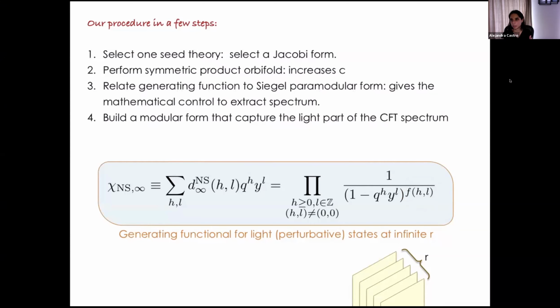We give explicit expressions of what these are in the papers, but this is where the seed enters. But the thing that we're imposing a restriction on is the Fourier coefficient when you take R to infinity. The input always, the first thing that you do is select one seed, and then you see how the symmetric product of that seed behaves.